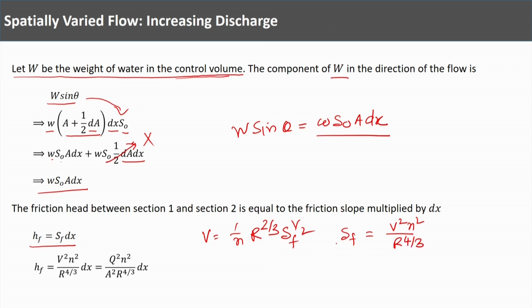Replacing V with Q by A, I am getting Q square n square divided by A square R to the power 4 by 3 into dx. So this is nothing but your HF.